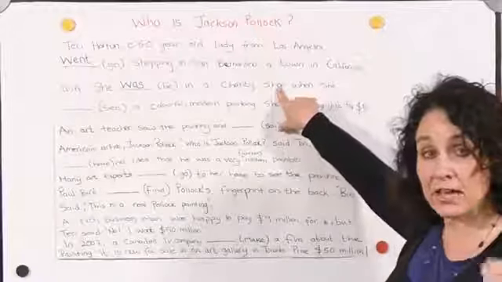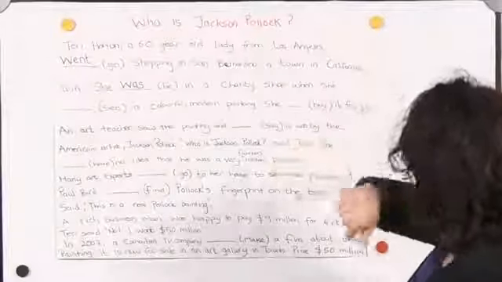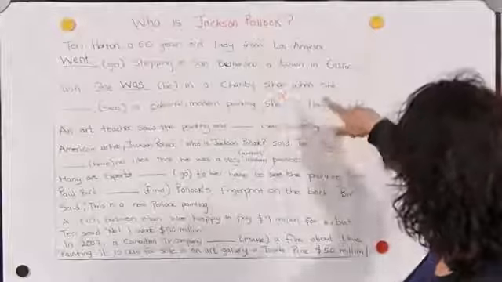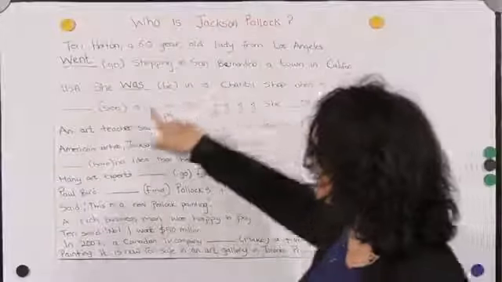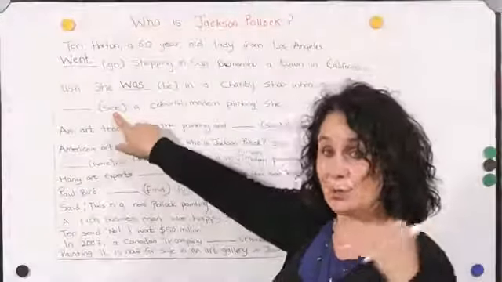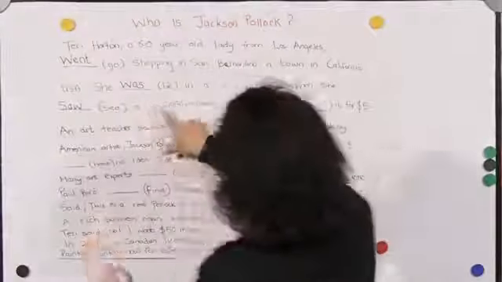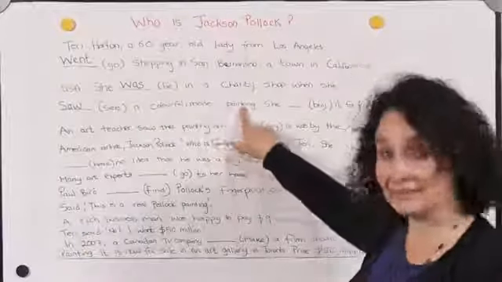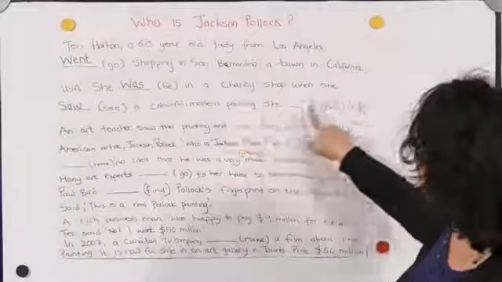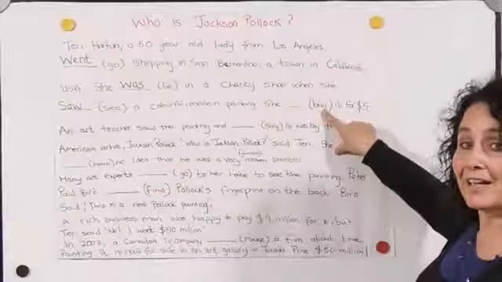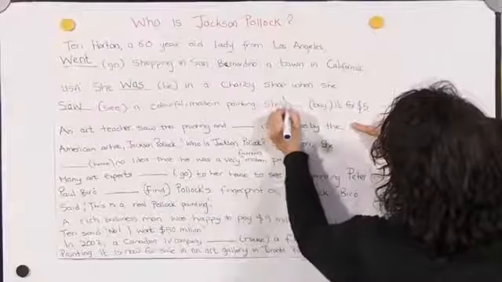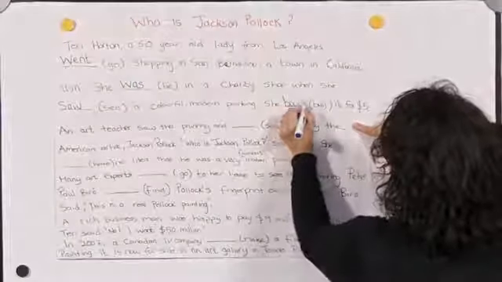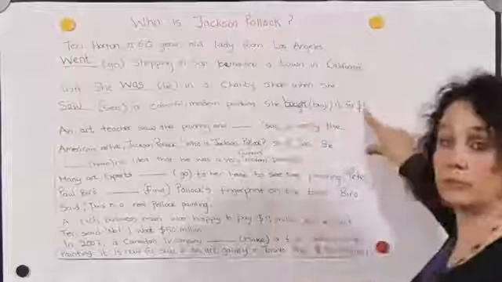Okay, a second-hand shop. She was in a charity shop when she, so we need the verb see, when she saw a colourful modern painting. She bought. She bought it for $5.